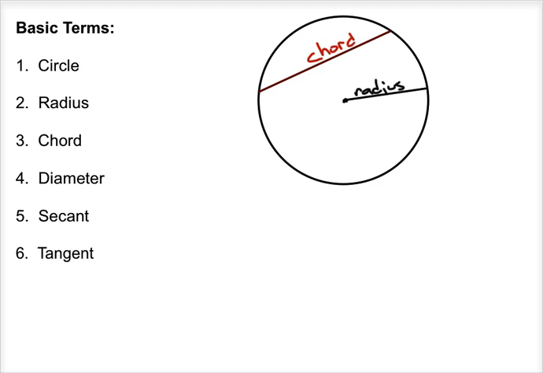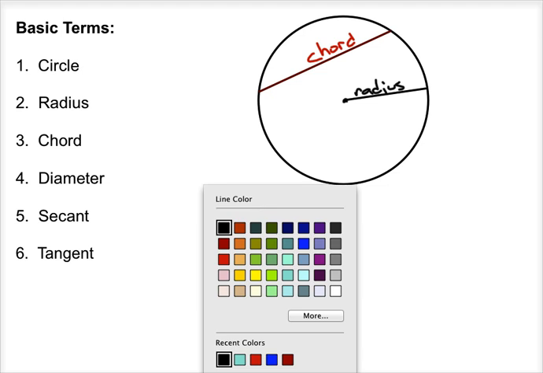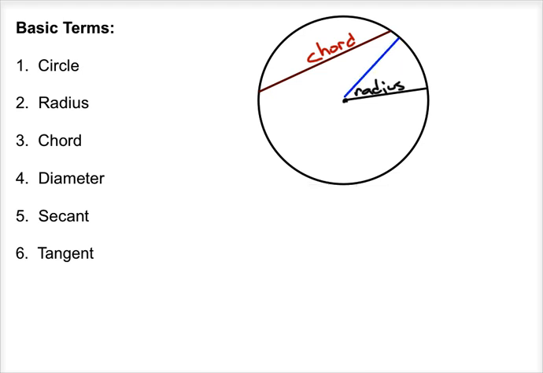A diameter is just a chord that passes through the center. So if I pick a chord that goes from one endpoint on the circle, passes through the center of the circle, and the other endpoint is over here, that's going to be a diameter.